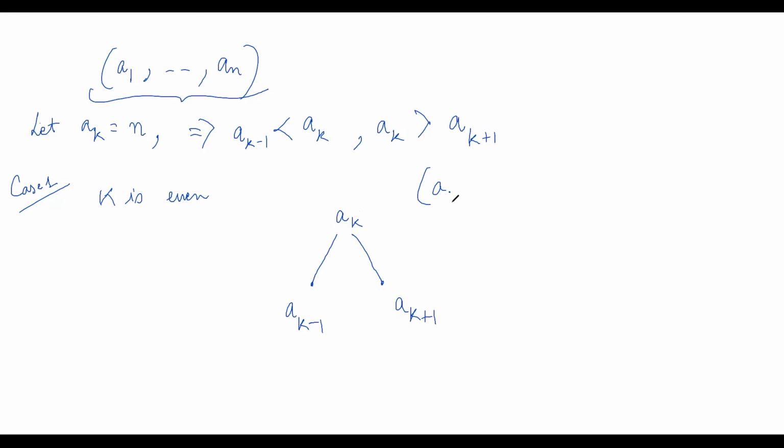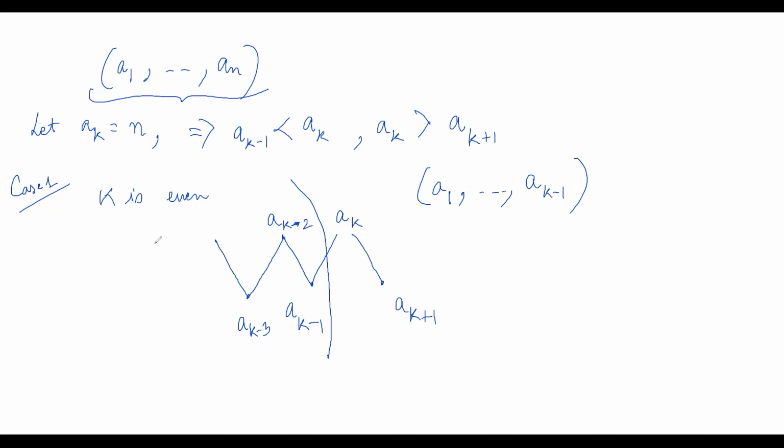Now we'll consider a partial sequence of it, starting from a1 till a k minus 1. As k is even, k minus 1 will be odd. Now the previous term, a k minus 2, will be above, and then a k minus 3 will be below, and so on.